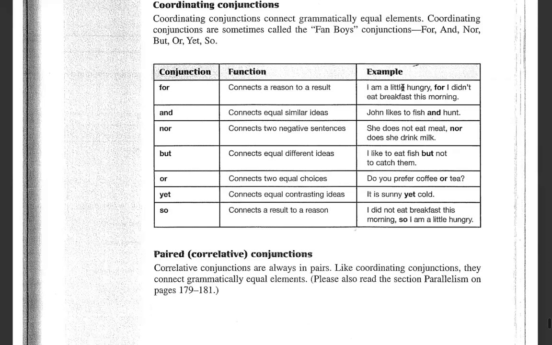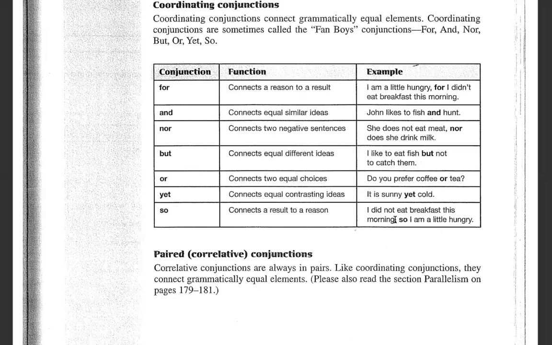In the first week of the classes, we learned how to write a sentence using a subject, a verb and a meaning. Now, I'd like you to make your sentence look bigger and longer by connecting two sentences together. For example, I did not eat breakfast this morning, so I'm a little hungry.